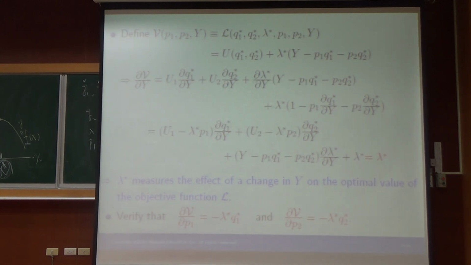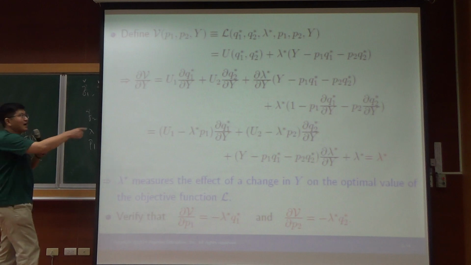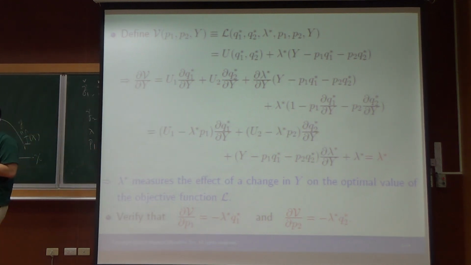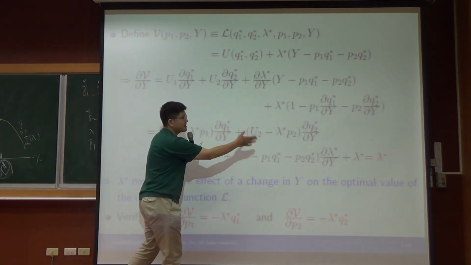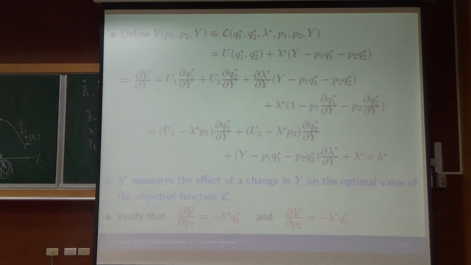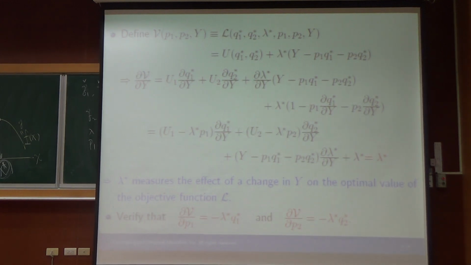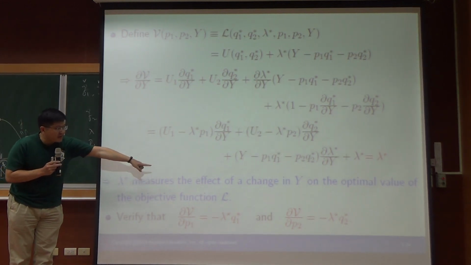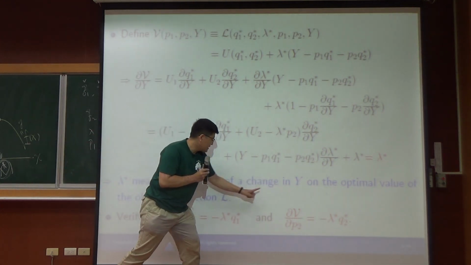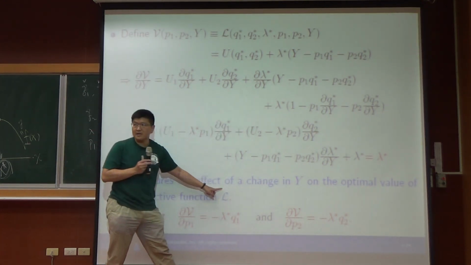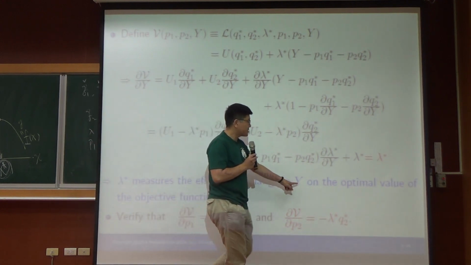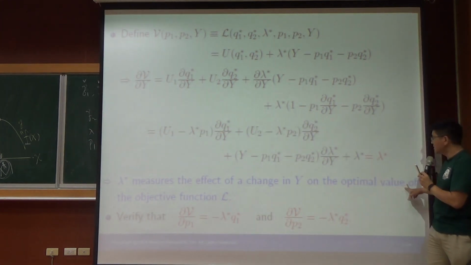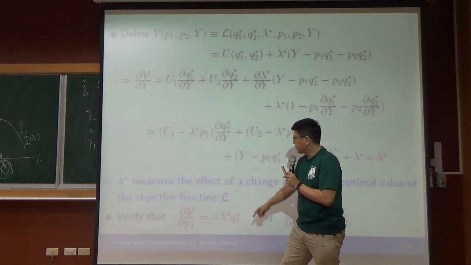The marginal utility of the resource. Do you remember that? Now the resource is income. So you give me $1 more, I may have this marginal utility. So mathematically, I can show you that lambda has some economic interpretation. So lambda measures the effect of a change in y, in income, in resource, on the optimal value of the objective function.